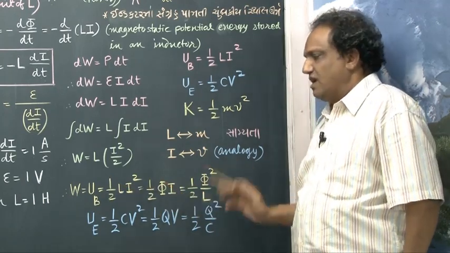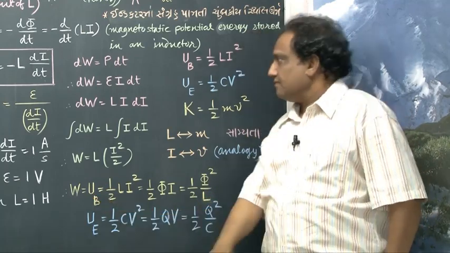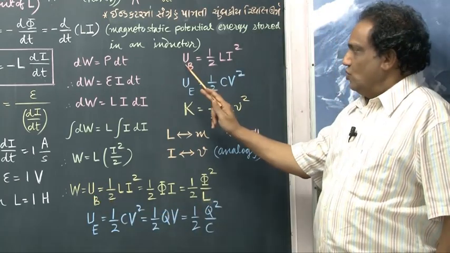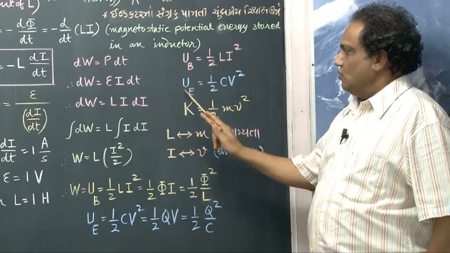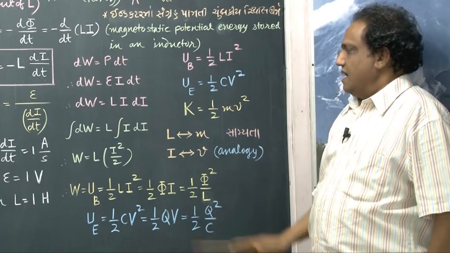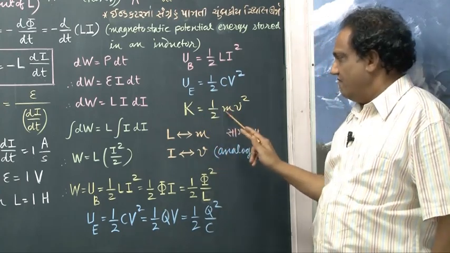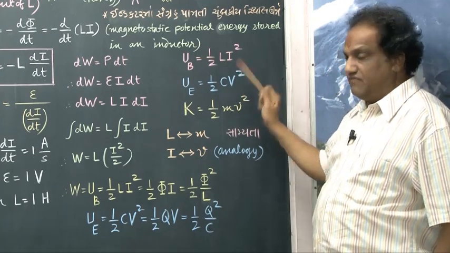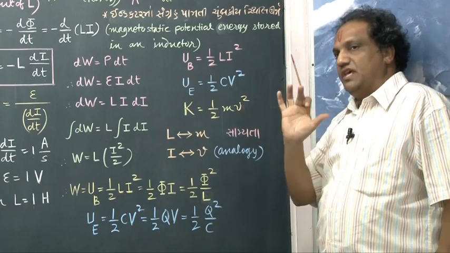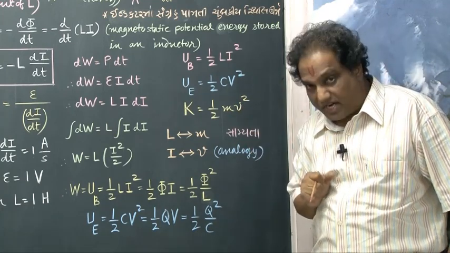These are the three formulas for magnetostatic potential energy. And now UB, once again written here, equals 1 by 2 L I square, and U equals 1 by 2 C V square. And don't you know the kinetic energy formula in mechanics, it is half m v square. If you compare these electrical quantities with these mechanical quantities, then you will find some analogy between different physical quantities.